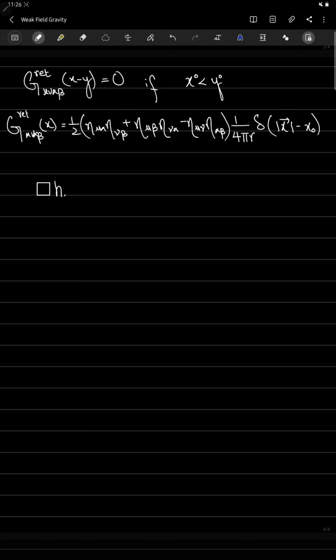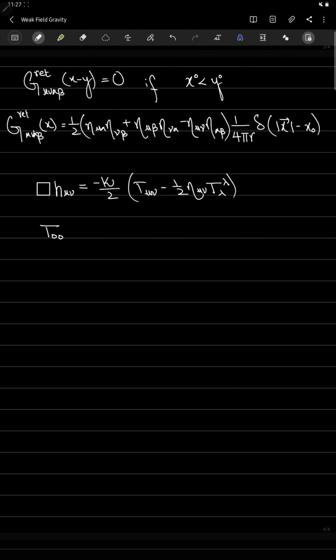The D'Alembertian acting on h_{μν} is equal to minus kappa over 2 (T_{μν} minus 1 by 2 η_{μν} times the trace of your T_{μν}, which is T^λ_λ).